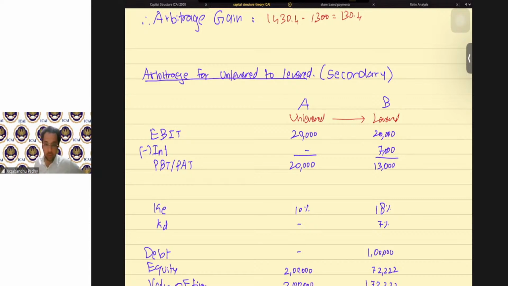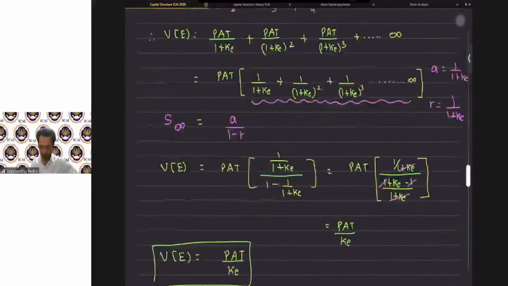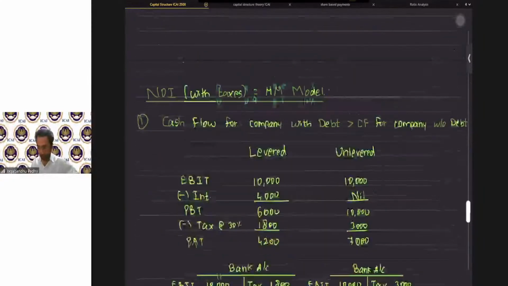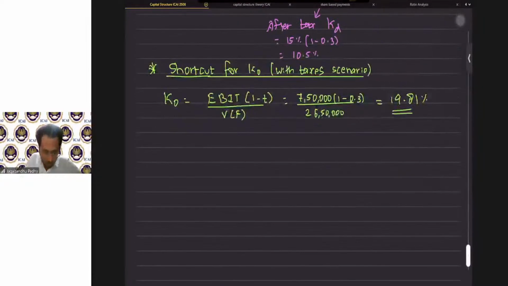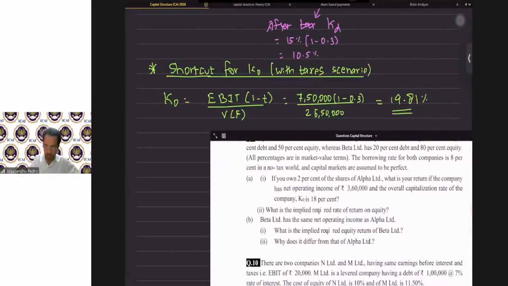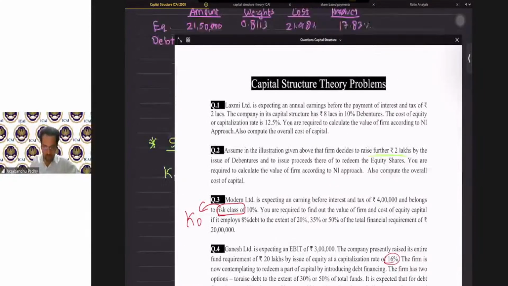Okay, fine. So let's go ahead with some questions now. Let's solve certain questions. Which are the questions that we did, by the way? Can you help me with the count of questions?